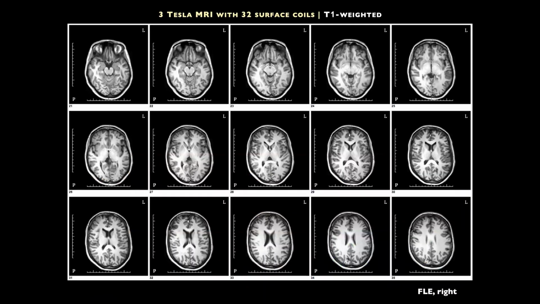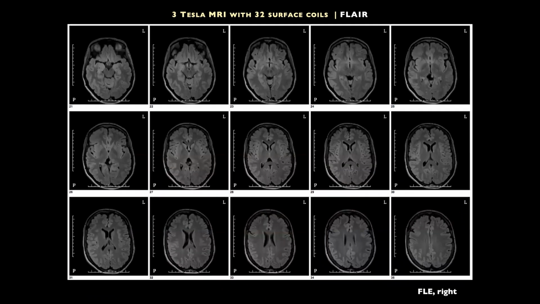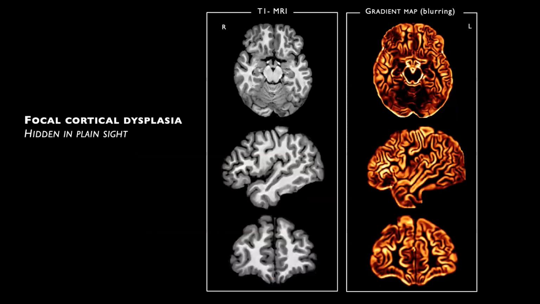This is another case of so-called MRI negative epilepsy. I let you inspect the T1 weighted MRI and now the FLAIR images. And here are the texture maps showing a large yet difficult to see region in the right orbital frontal with blurring.